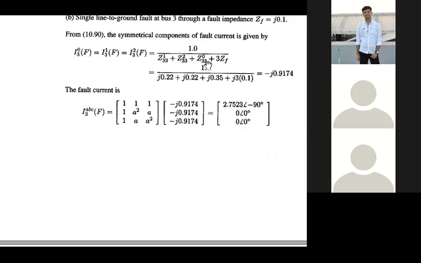It was Z1 plus Z2 plus Z0 plus 3ZF, if you can recall that equation for single line to ground fault. Yes, sir. So for this case, again, you have to use the Z33 matrix, the positional value of the Z33 matrix.